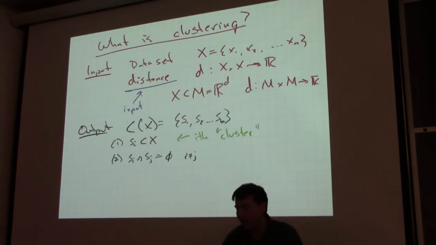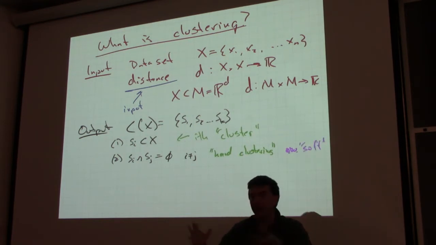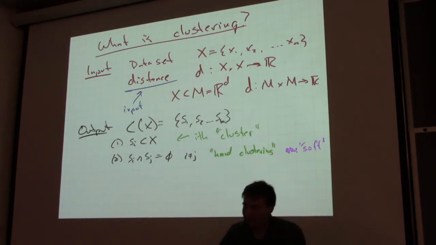This is known as hard clustering. If you drop this requirement, it's called soft clustering, where the two subsets can intersect with each other.